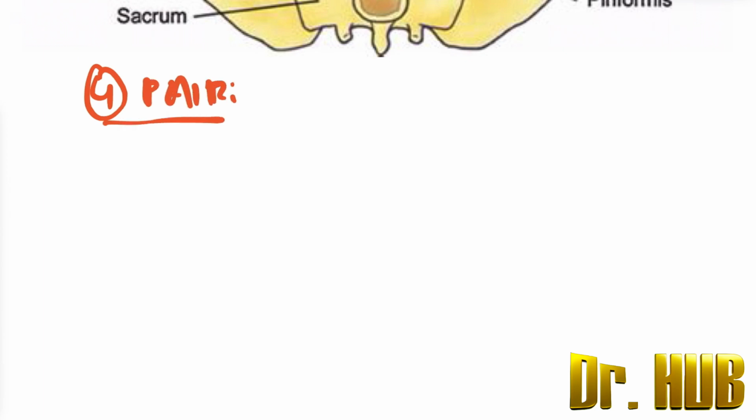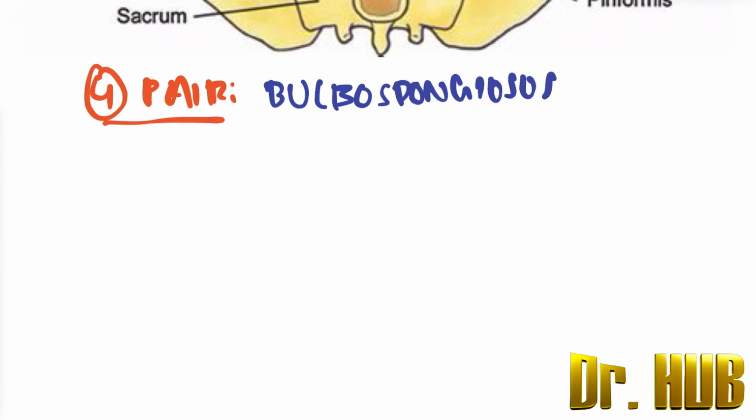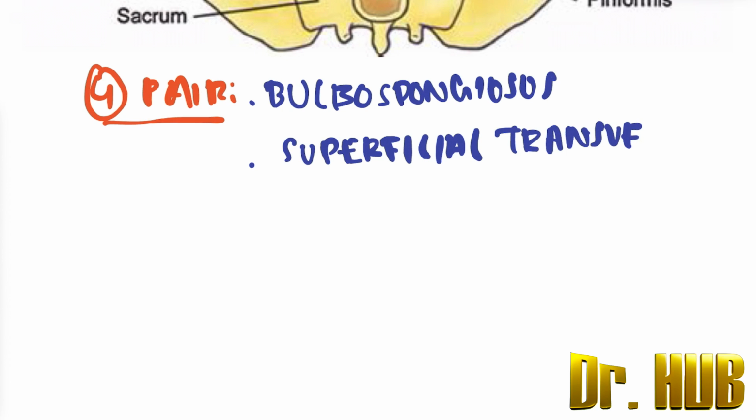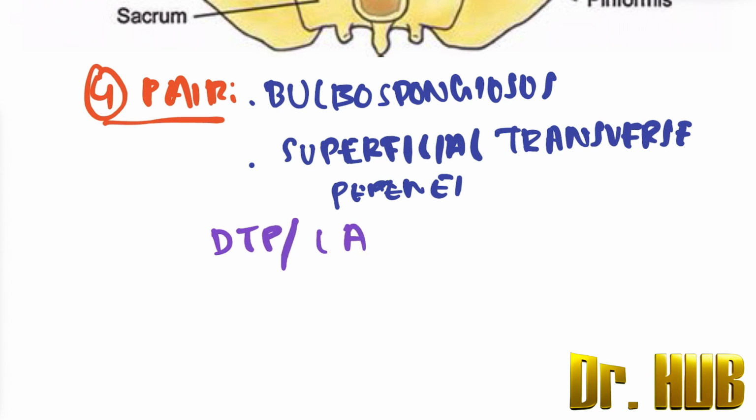Under four paired, it includes the bulbospongiosus, then the superficial transverse perineal, then the deep transverse perineal, and the levator ani.